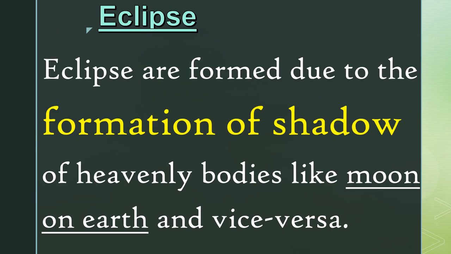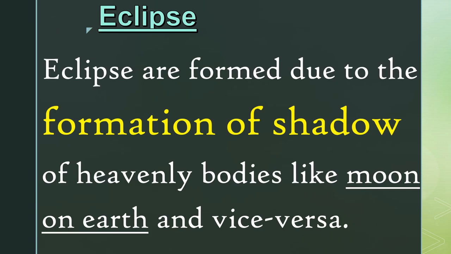After learning about shadow, let us now look at one more important topic of this video lecture. It is eclipse. Eclipses are formed due to the formation of shadow of heavenly bodies like moon on earth and vice versa. We are already aware that for the formation of shadow we require three main conditions.